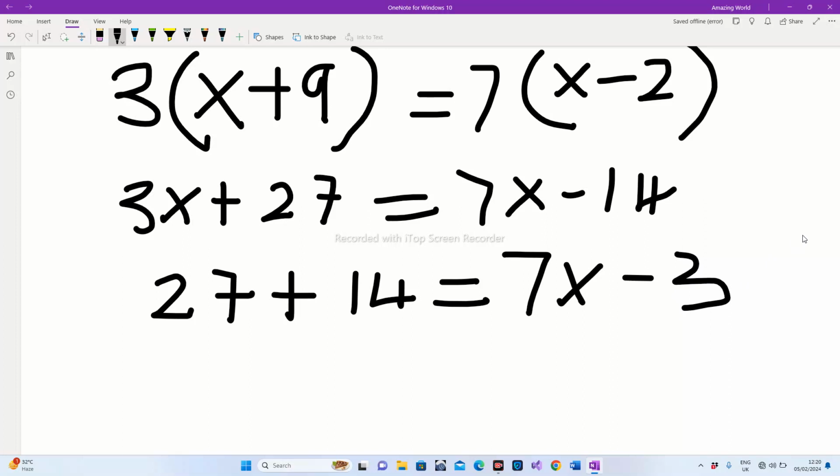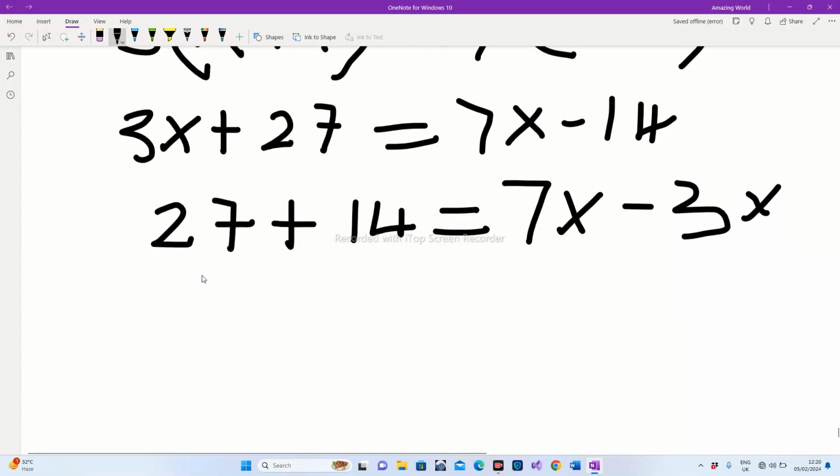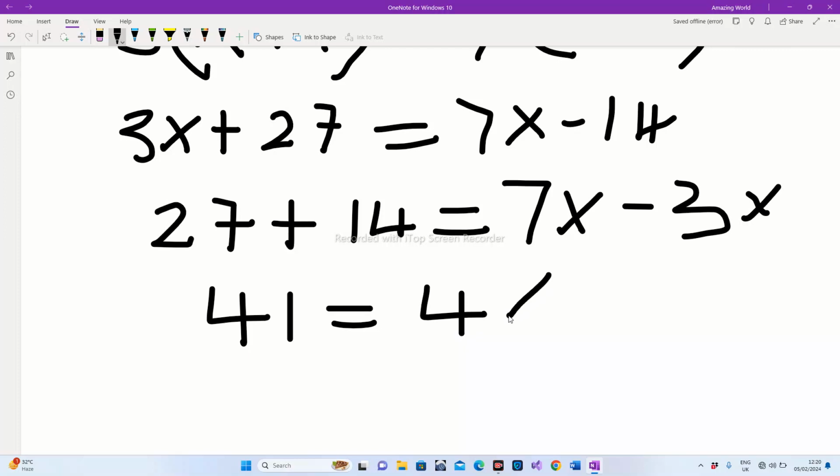I hope this is well understood. Okay, 27 plus 14 gives us 41, then equals 7x minus 3x will leave us with 4x. I believe this is very well explained.